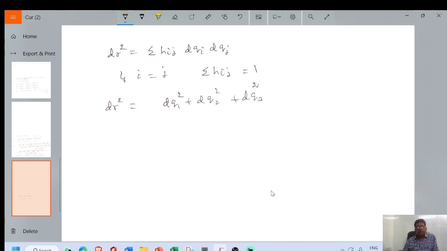But in Cartesian coordinates, the value of dr square is equal to dx square plus dy square plus dz square. Whereas in curvilinear coordinates, the value of dr square is equal to dq1 square plus dq2 square plus dq3 square. Therefore, we may write dr square is equal to summation over hij into dqi dqj.